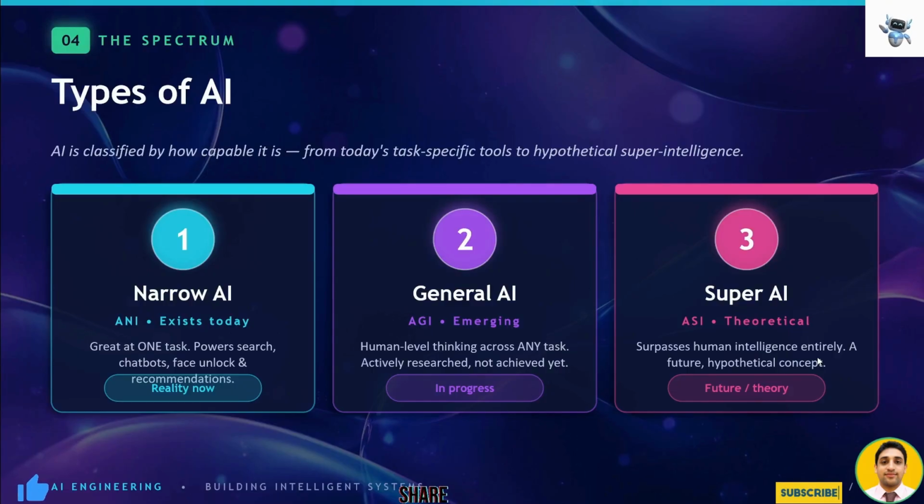First, we have narrow AI, also called ANI or artificial narrow intelligence. This is the AI that exists today and that we interact with constantly. Narrow AI is extremely good at performing one specific task. For example, a chatbot is great at answering questions, but it cannot drive a car.